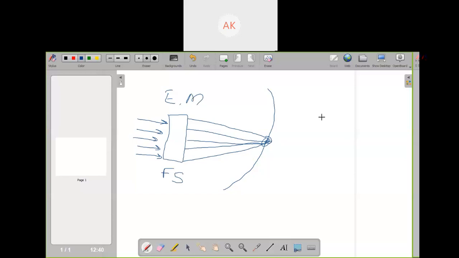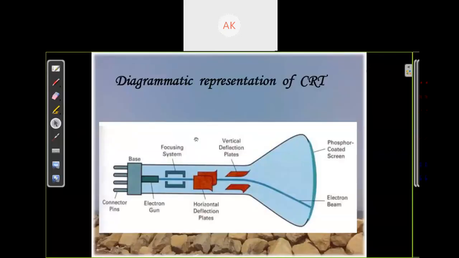When this electron beam passes through the focusing system, it will then pass through the deflection layer. Where we want to deflect the electron beam depends on this deflection layer.